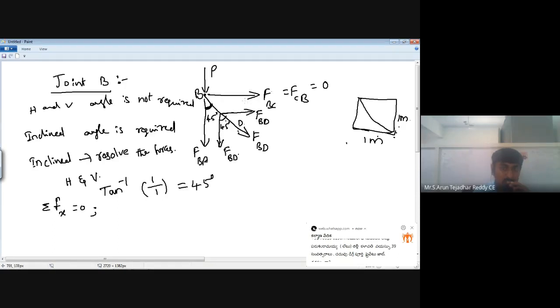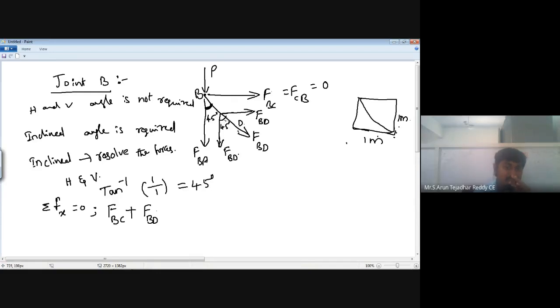So take positive FBC, that is positive, plus FBD, and here we are having one angle that is 45 degree.